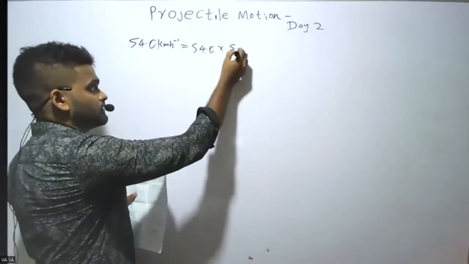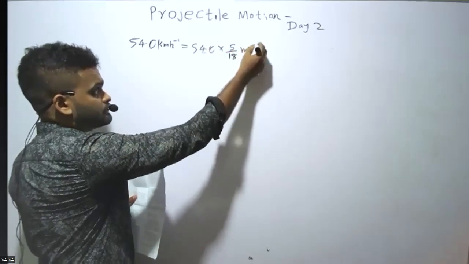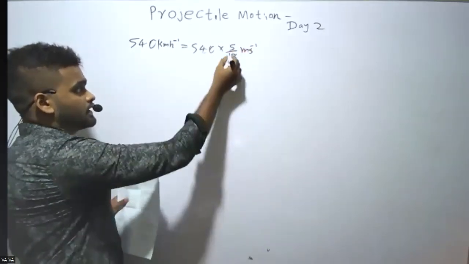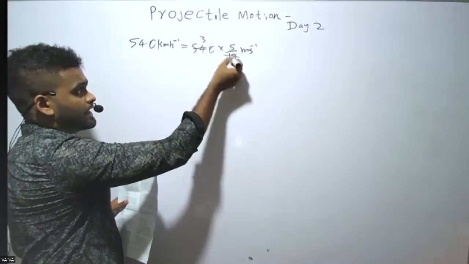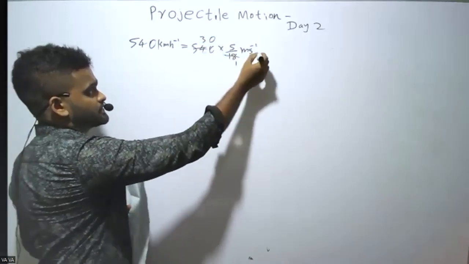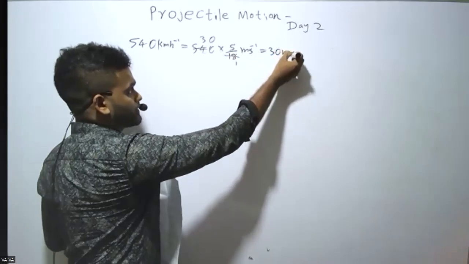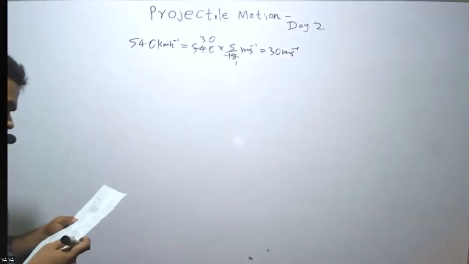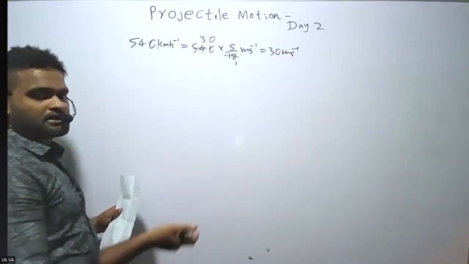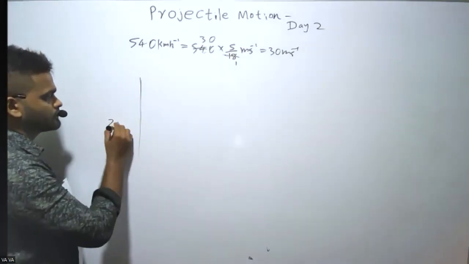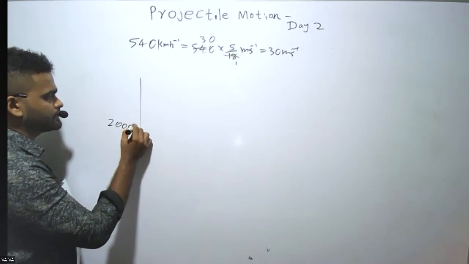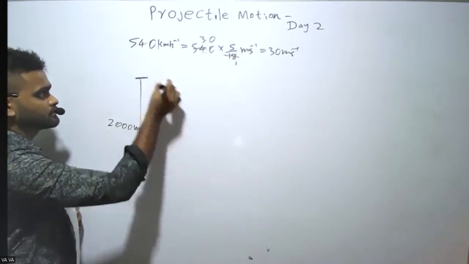Multiply this by 5/18, so it converts into meters per second. That gives 30 meters per second. Two kilometers is 2000 meters, right? So the F-35 flies at 2000 meters above the ground.